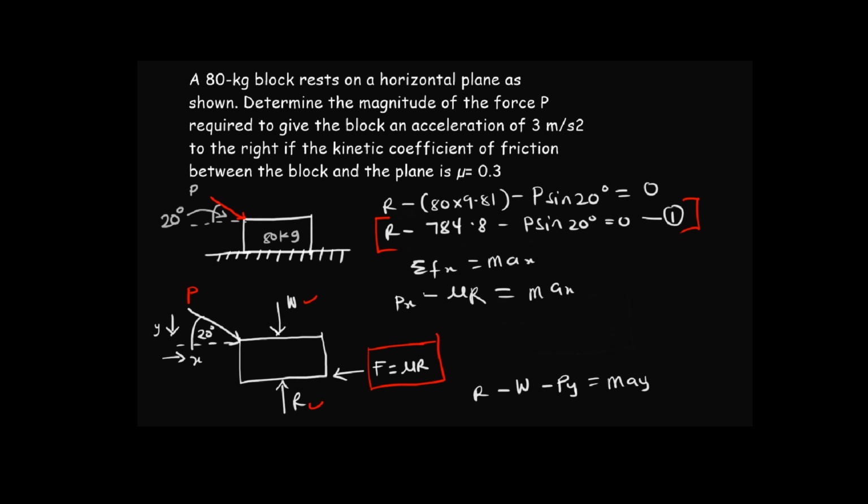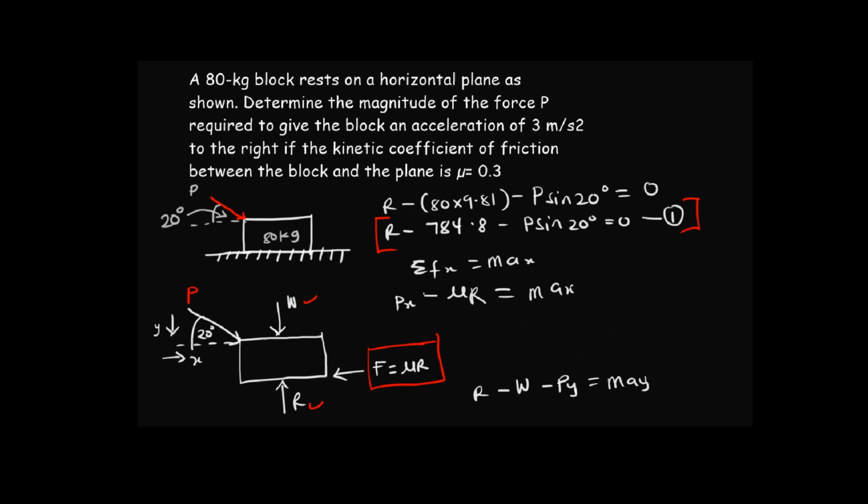The only forces acting in the x direction are Px and the frictional force, equated to the product of the mass and the acceleration of the block in the x direction.